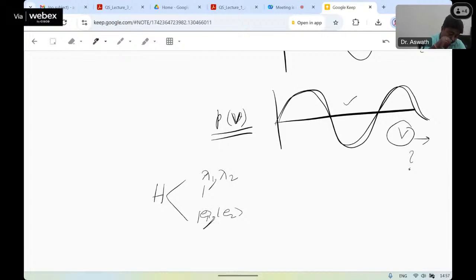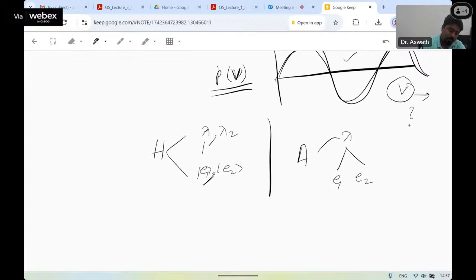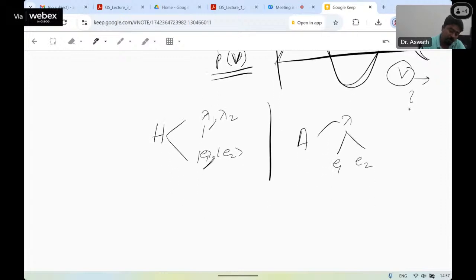Now, what does degenerate mean? Degenerate means there exist matrices where, corresponding to the same eigenvalue, there may be multiple eigenvectors. So in this particular situation, you are talking about states which have the same eigenvalues but are different state-wise.